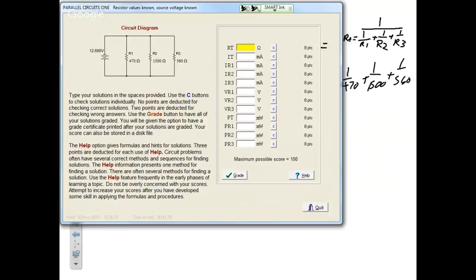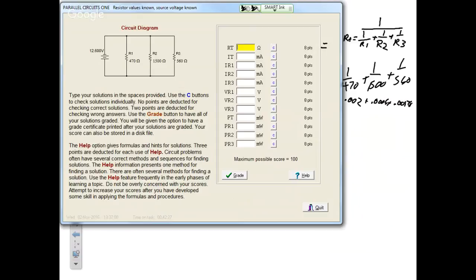1 divided by 470 is 0.002, plus 1 divided by 1500 is 0.0006, plus 1 divided by 560 equals 0.00178.